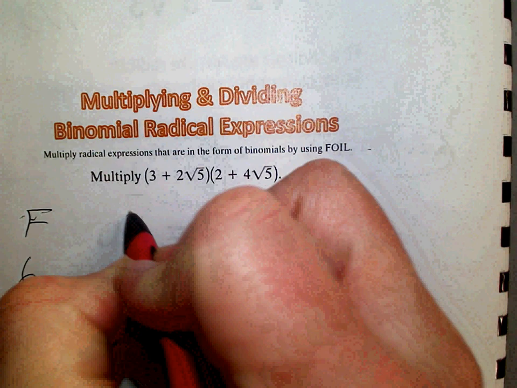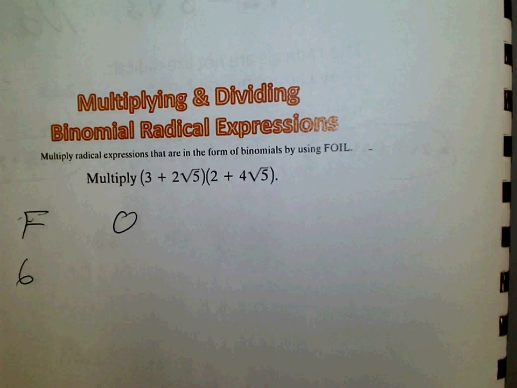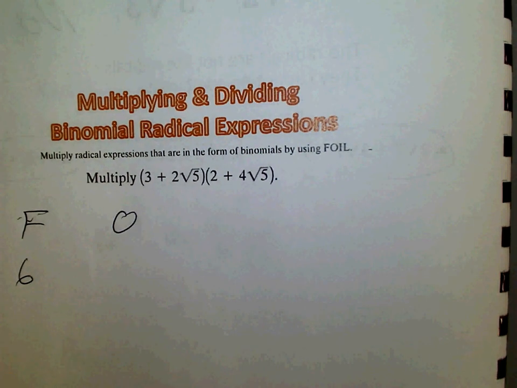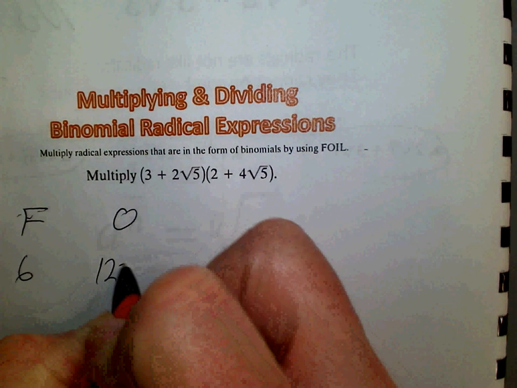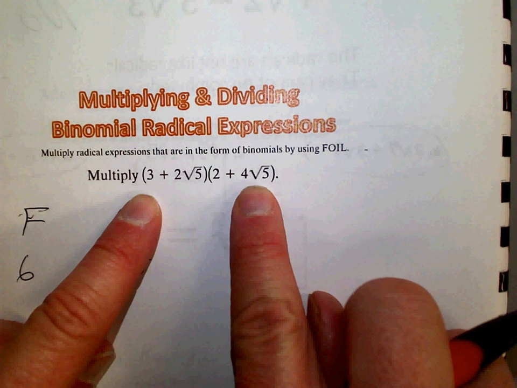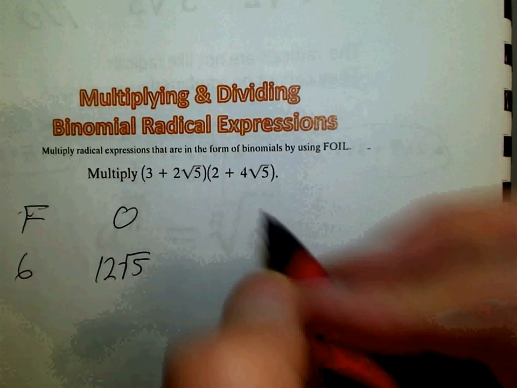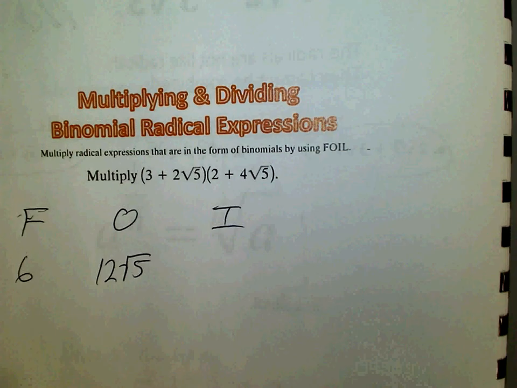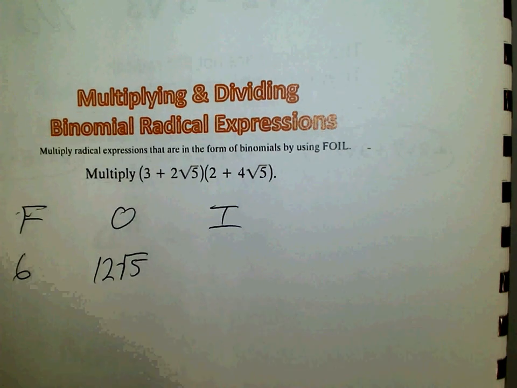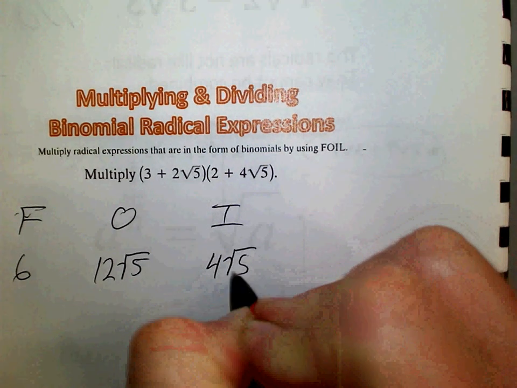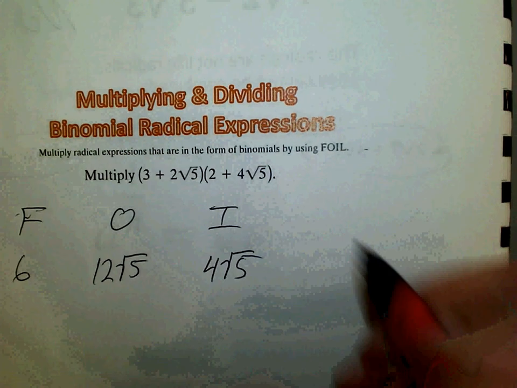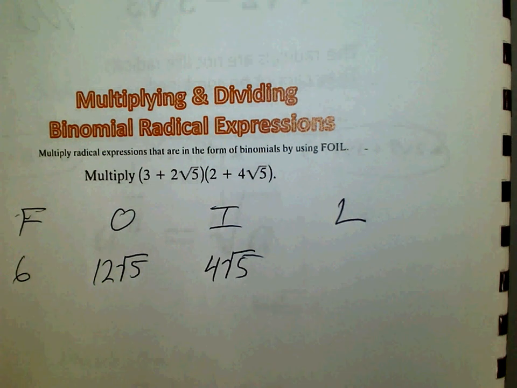Somebody tell me what O would give you. That's 3 times 4, making 12 square roots of 5. Somebody tell me what I would give you. Very good. Now we're going to check your knowledge. What's L going to give you?